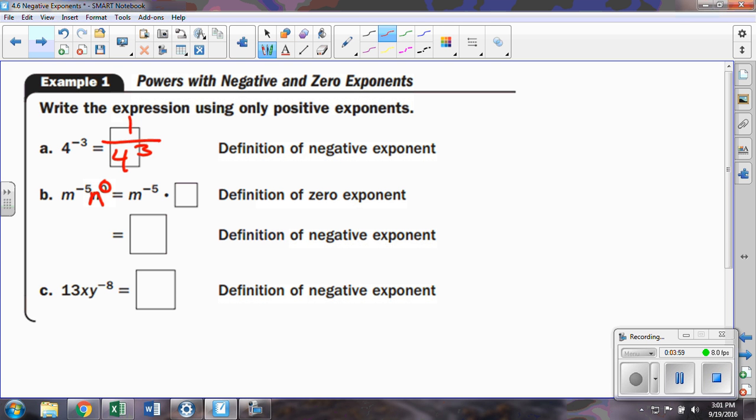So that's our definition of a 0 exponent. Anything to the 0 equals 1. Now we would have m to the negative 5. That would be 1 over, and negative 5 gets switched to positive 5. We're done.